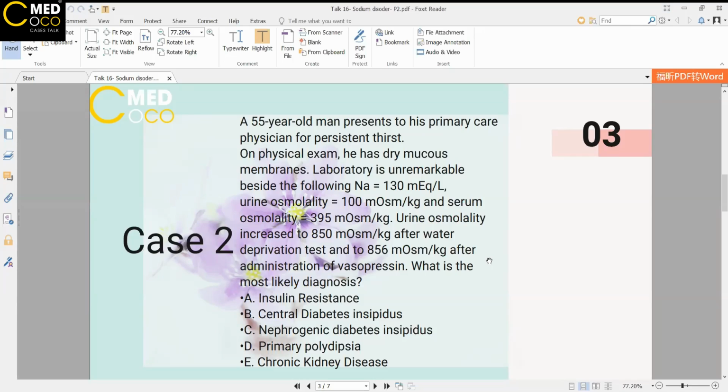For central diabetes insipidus and nephrogenic diabetes insipidus, after you tell the patient not to drink any water for 24 hours, their urine osmolality will usually stay the same.